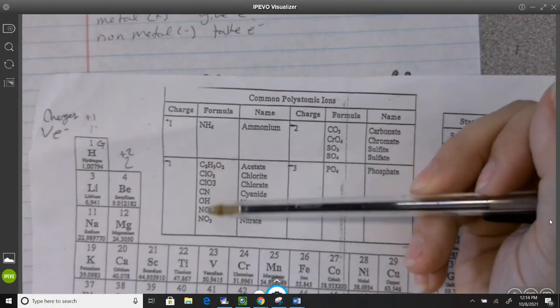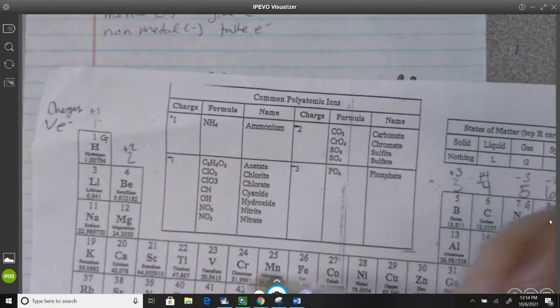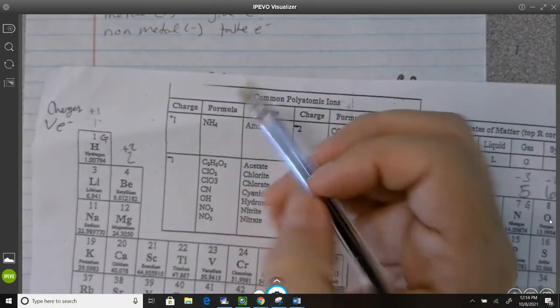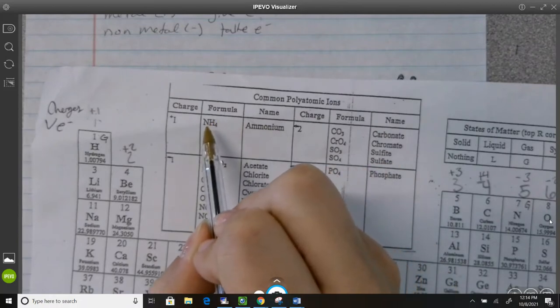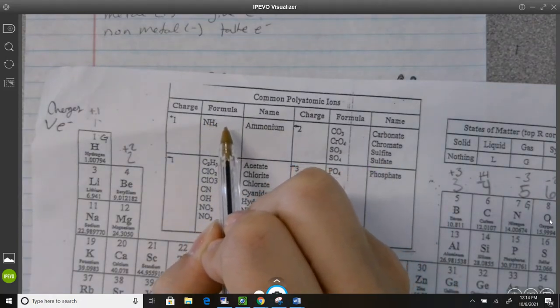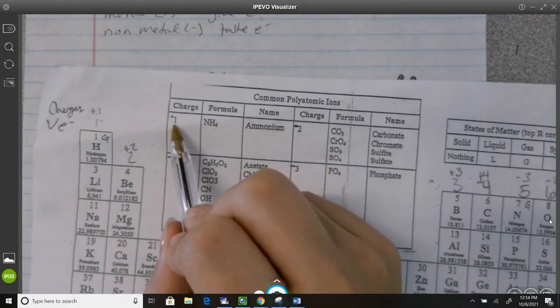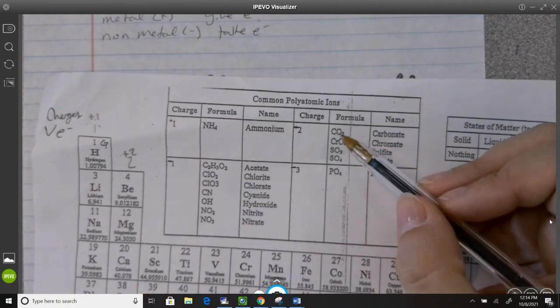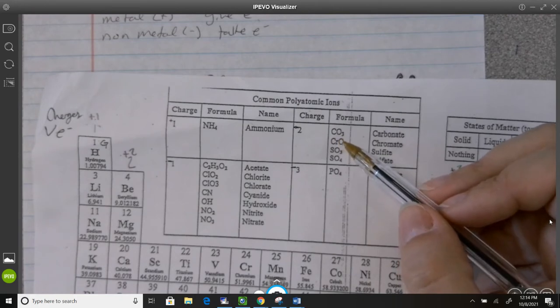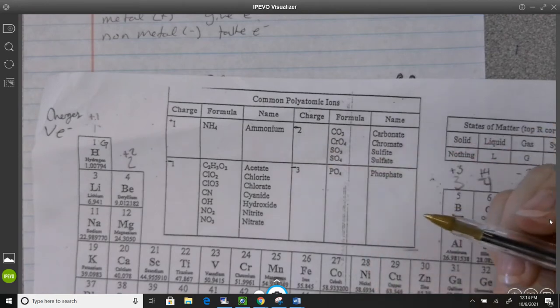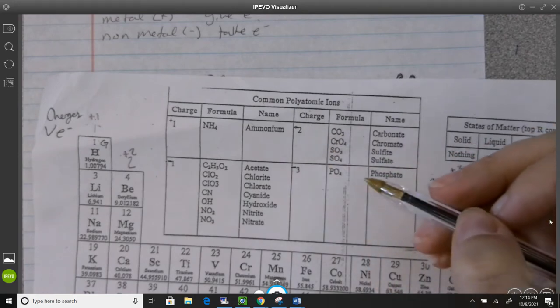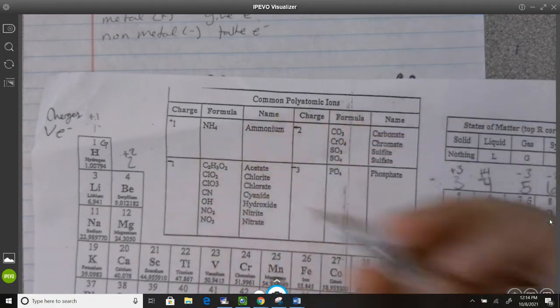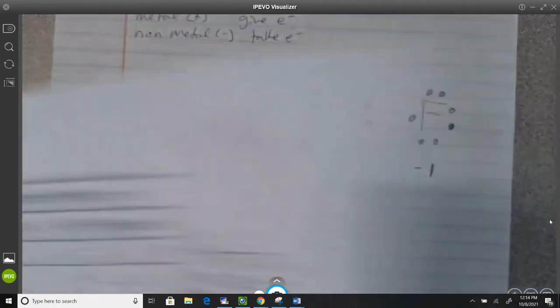And polyatomics have their own names. It'll always be the set ratio. So if I have ammonium, that is always 1 nitrogen to 4 hydrogen. And it'll always have a charge of +1. Carbonate, CO3, will always have 1 carbon, 3 oxygen, and a charge of -2. So these are common polyatomic ions that we have.